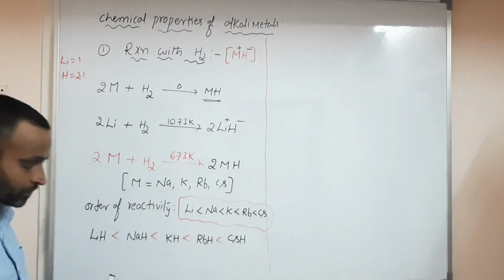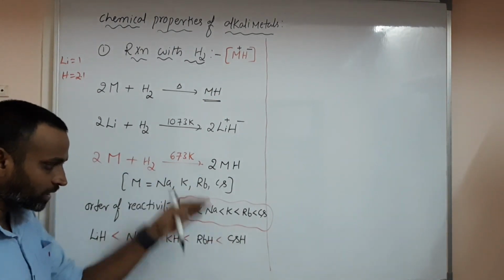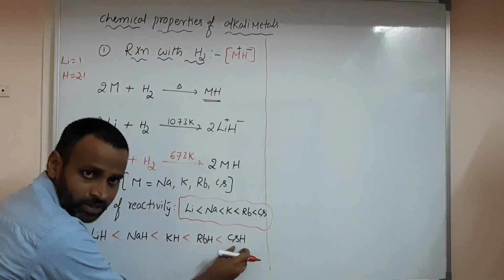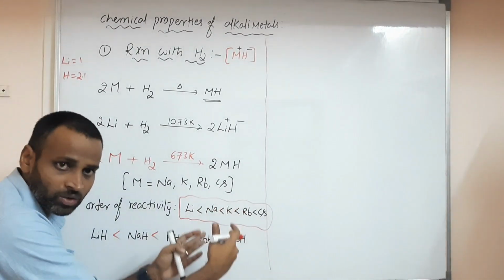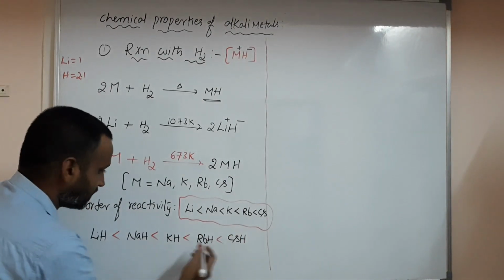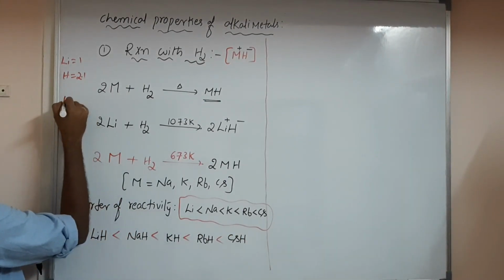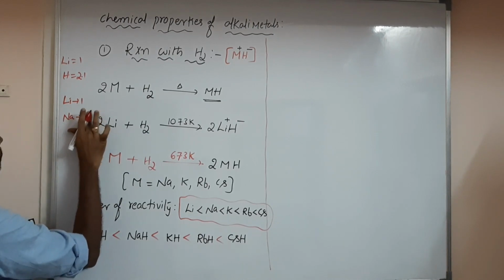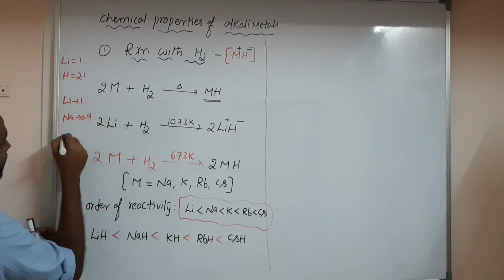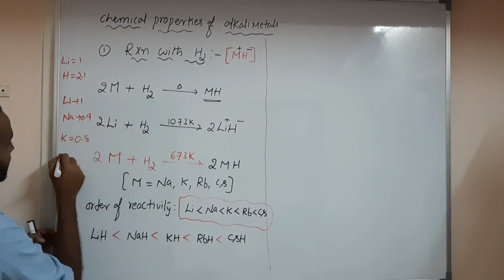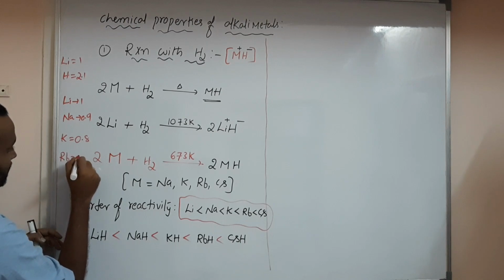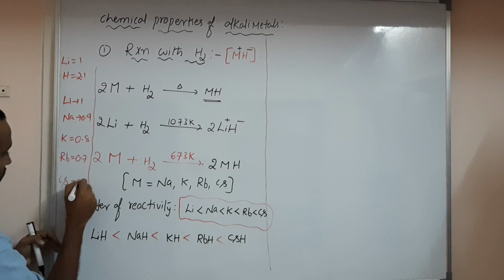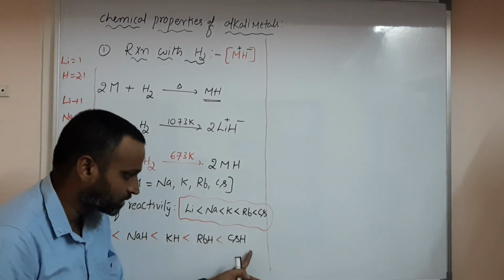As going down, electronegativity decreases, so the electronegativity difference increases. Lithium is 1, sodium is 0.9, potassium is 0.8, rubidium is 0.7, and cesium is 0.6. So 0.6 to 2.1.